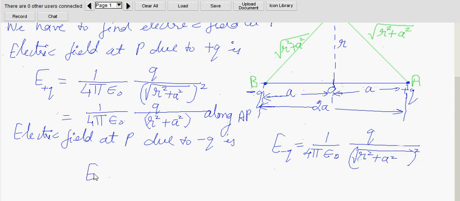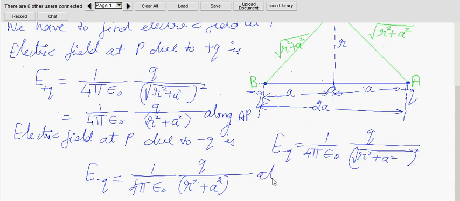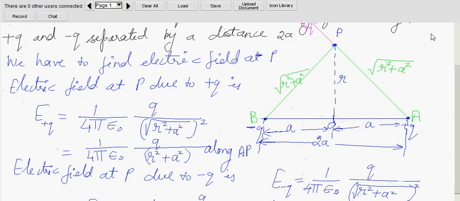So I can write E minus q as 1 by 4 pi epsilon naught into q divided by r square plus a square, along PB, towards minus q. I will mark E minus q in this figure.